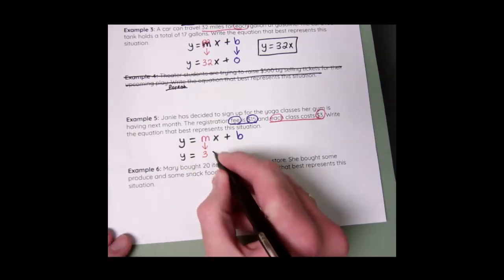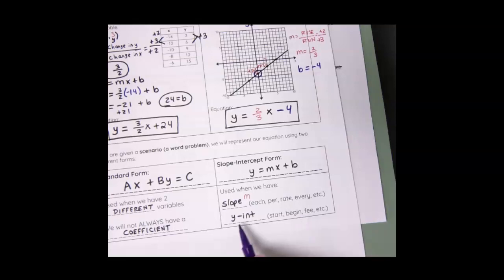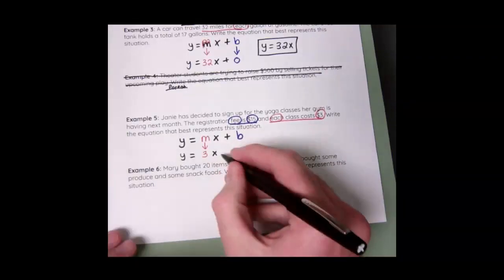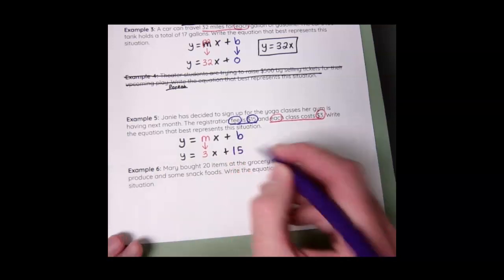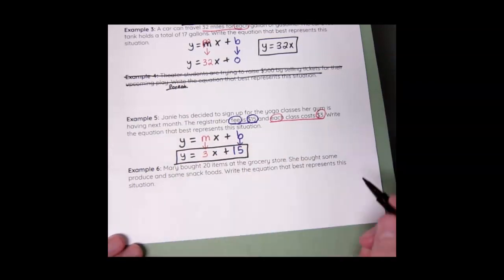Y equals 3x, and then my y-intercept is 15. Here, my buzzword for 15 was registration fee, the y-intercept. So 3x plus 15. Okay. So this would be my equation for example 5. Y equals 3x plus 15.